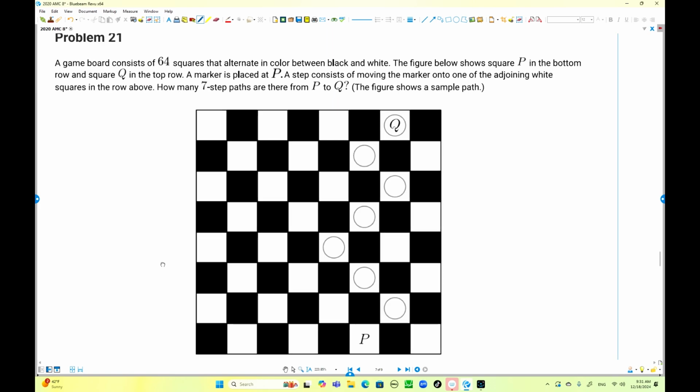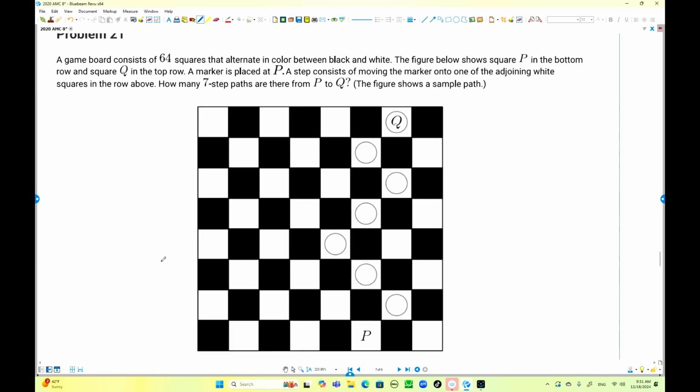Here is number 21. We have 64 squares. We start from this point. They can move to the right, to the left. But it should be 7 steps. 7 steps right here. 1 step, 2, 3, 4, 5, 6, 7 steps.